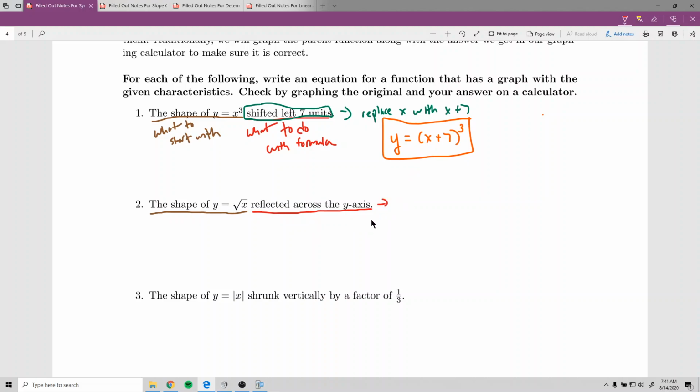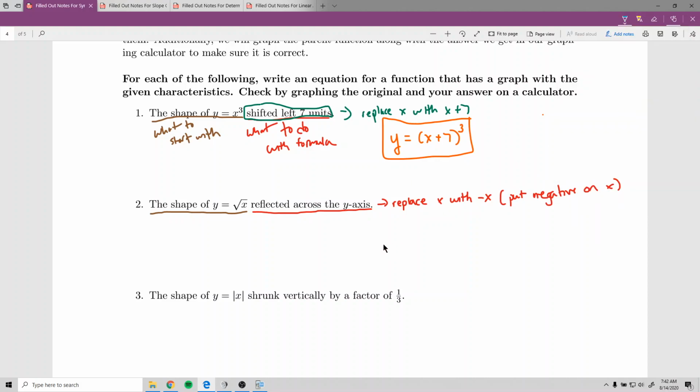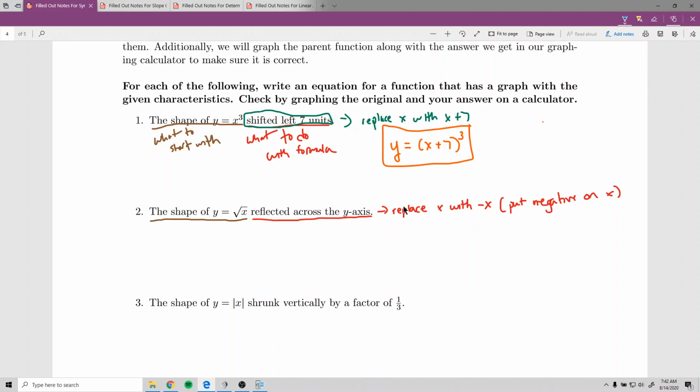So reflections always get negatives. When we reflect across the y-axis, what we do is we replace x with negative x. Or think about putting a negative on x. I like the replacement thing just because that's what we've been thinking about.